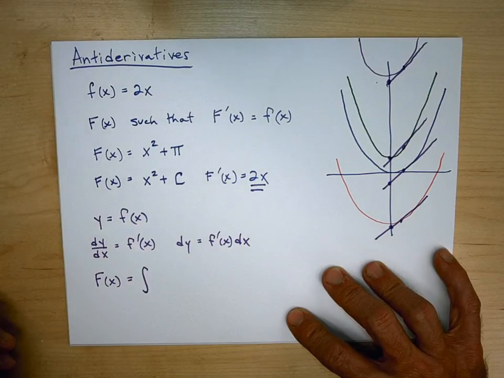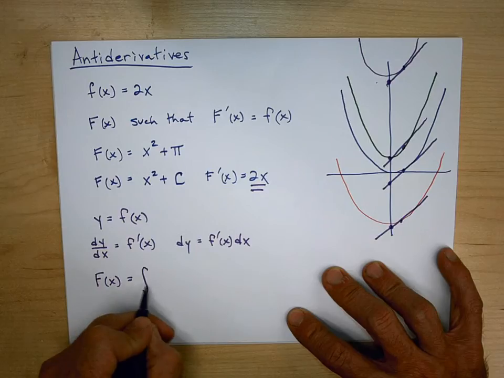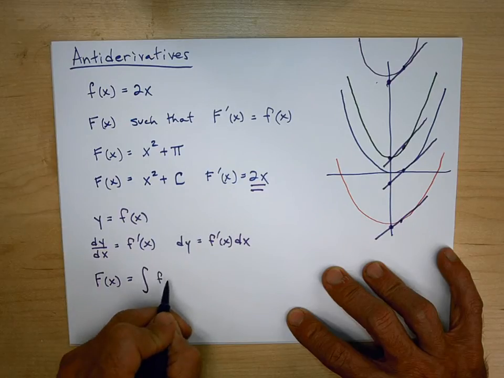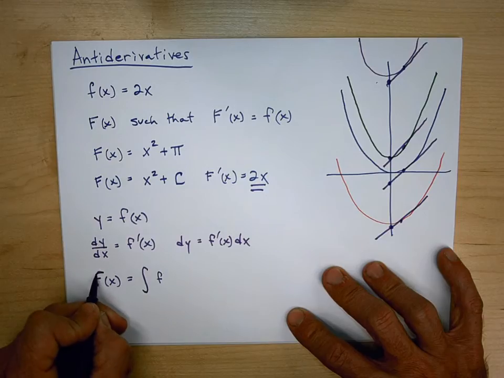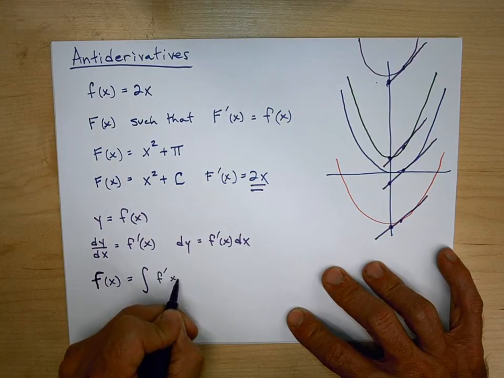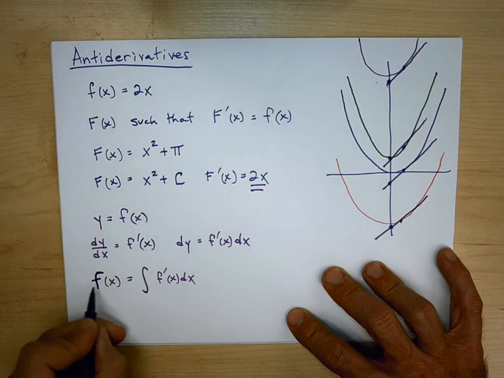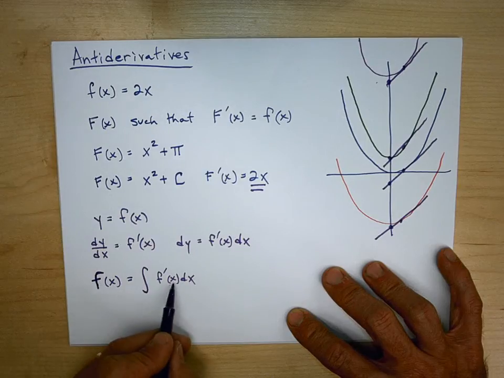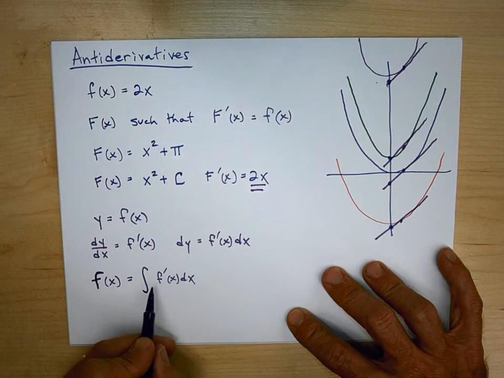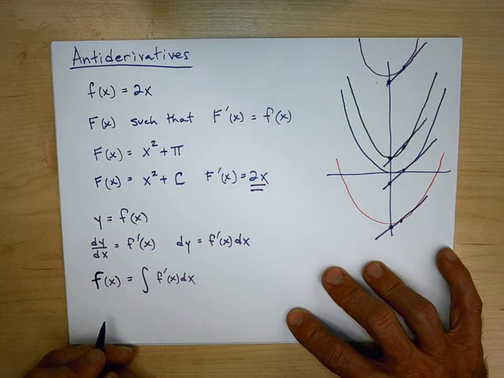So here's the notation for the antiderivative; it's called an integral sign. It's the integral of, well, technically this would be little f, the derivative. We're calling it big F up here, but the point is an antiderivative is the integral of the derivative. It gives us back little f if we take the antiderivative of f prime.